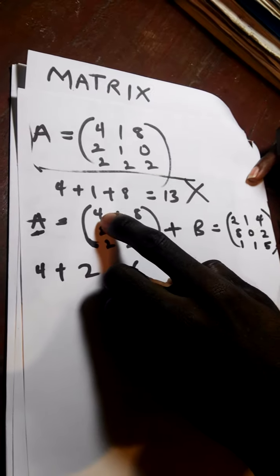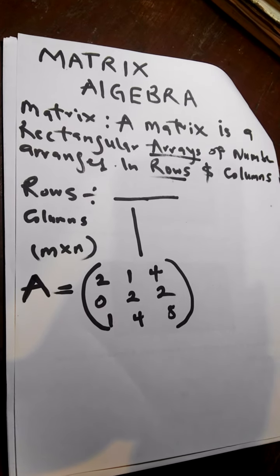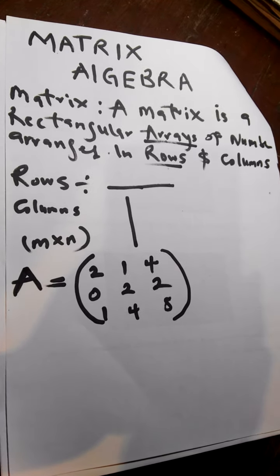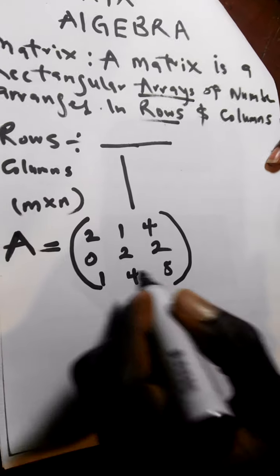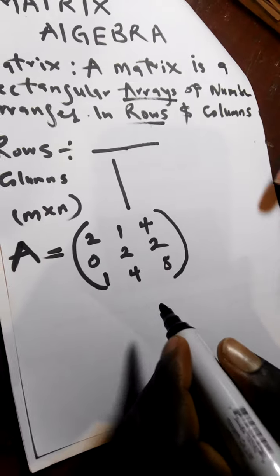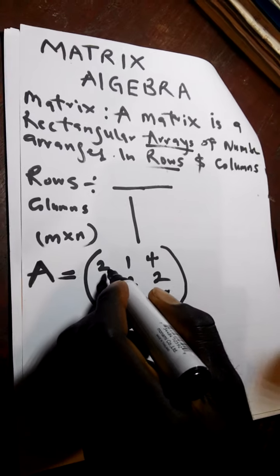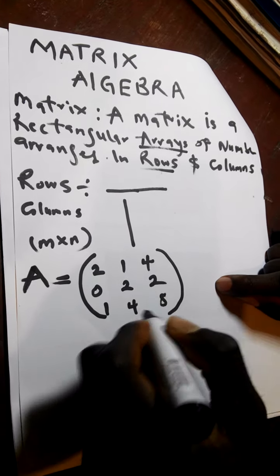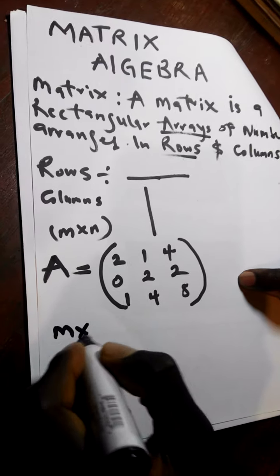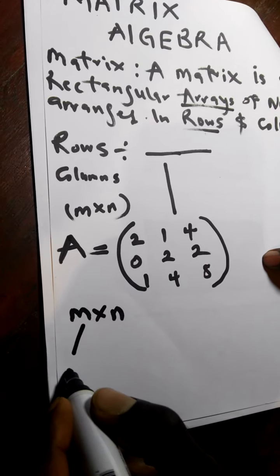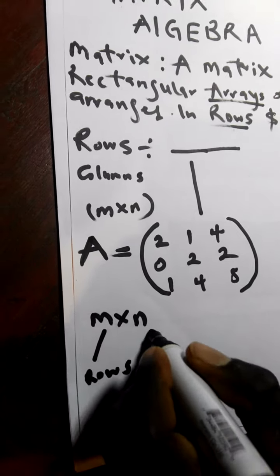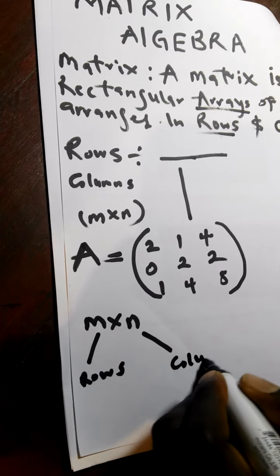Let me not rush it. Let me take it step by step. In a given matrix, the order of the matrix is simply counting the rows by the columns, which is m by n. This m signifies the number of rows. This n signifies the number of columns.